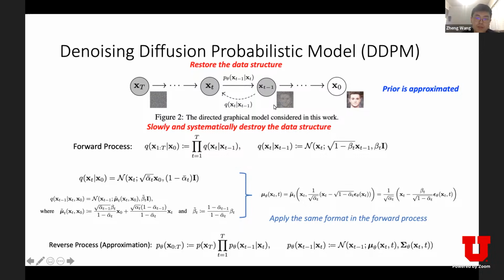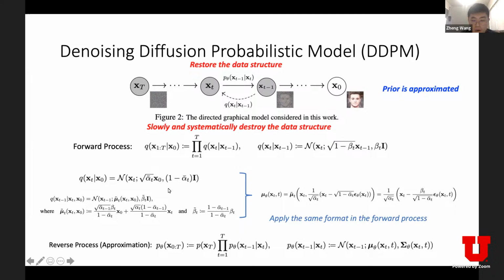Here is the transition from the xt to the xt minus 1. And since the forward process is formulated in a Gaussian distribution form, the reverse process also uses some Gaussian distributions to approximate the reverse transition.